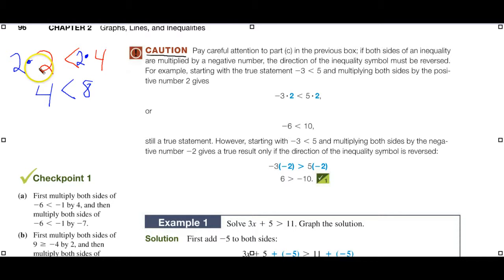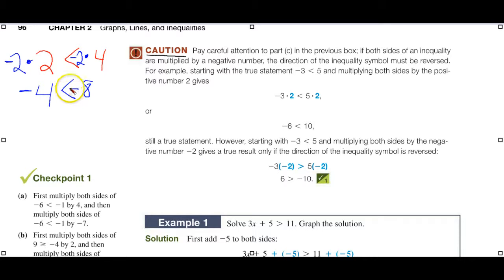So this is still a true statement that we can multiply both sides by something, in this case a positive 2, and it's true. But how about if we multiply both sides by a negative 2? We then get negative 4 is less than negative 8. That is not true.